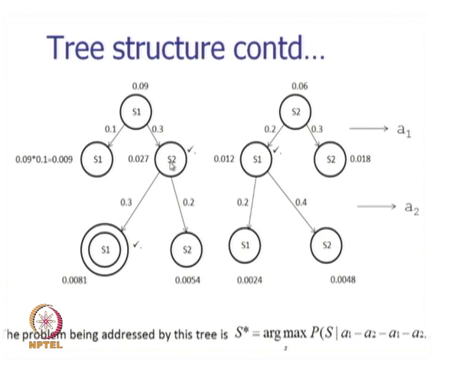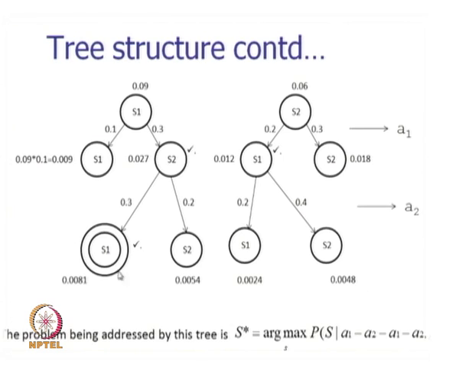Similarly, this node S2 with probability 0.27, which is more than 0.018, is retained, and the other node is discarded. Now we have S2 and S1 here. The next symbol is A2. When A2 is output, the resulting sequences end in S1, S2, S1, S2 at these 4 nodes, and this particular node has the highest probability of 0.0081.